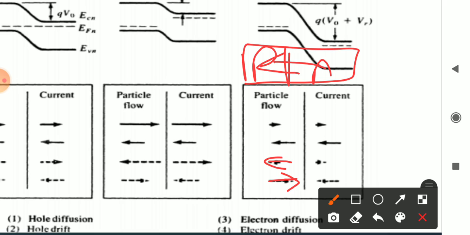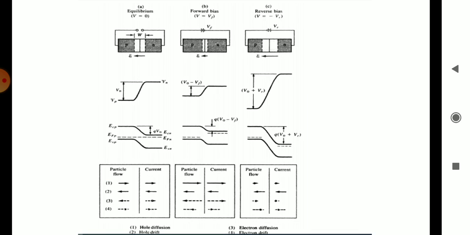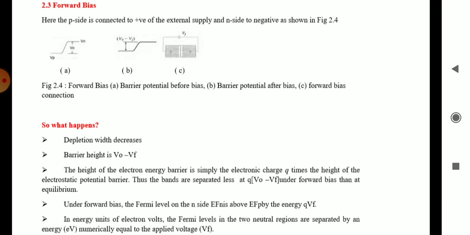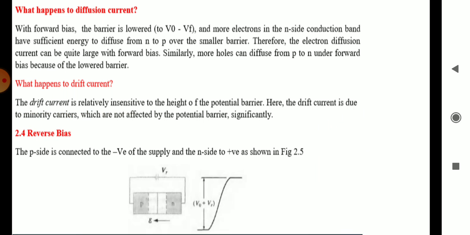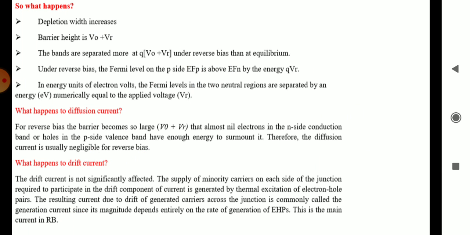Similarly, the current direction will be exactly opposite to this one. Till here it is clear, no? Equilibrium condition, forward bias and reverse bias. So the theory is given over here. You have to draw all this theory in your exam. Similarly, in a reverse case, forward case and at equilibrium case.